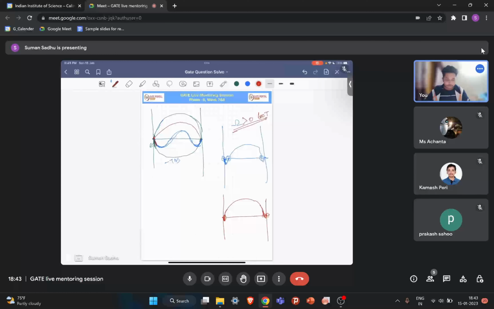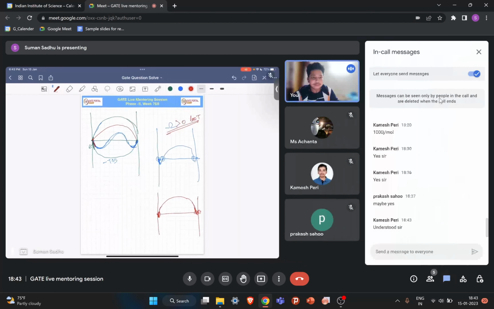Okay, so now I hope every one of you knows that diffusion of any element mostly occurs from the higher chemical potential to the lower chemical potential side.